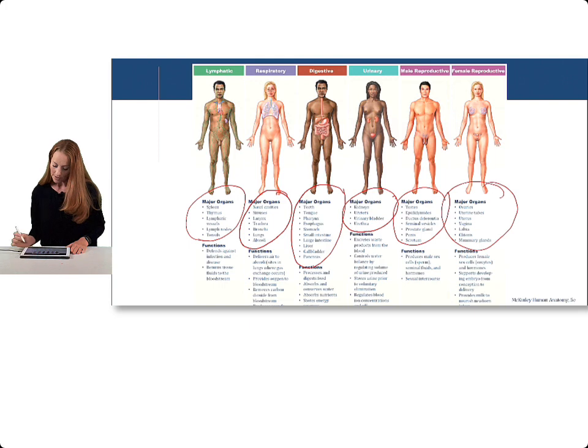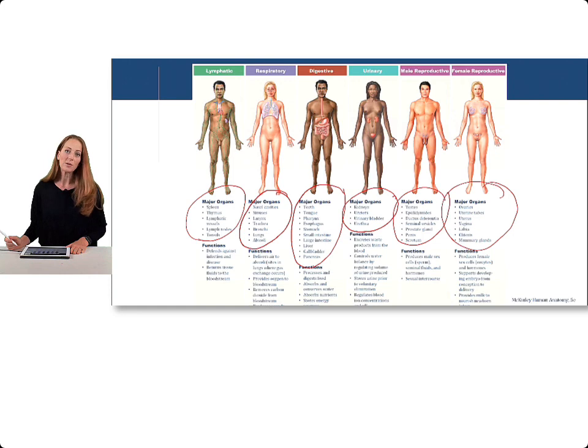And then our two reproductive systems. For the male reproductive system, it's the testes with the reproductive tract, epididymis, ductus deferens, and the accessory organs, seminal vesicles, prostate gland, and then the external genitalia, penis and scrotum.